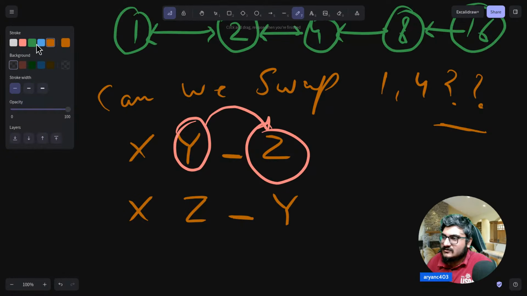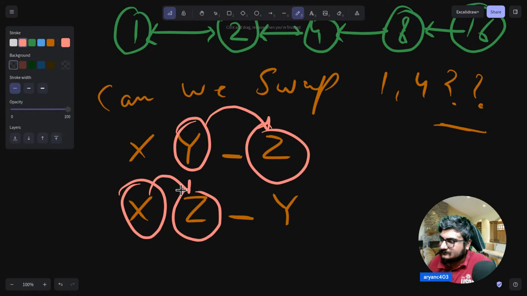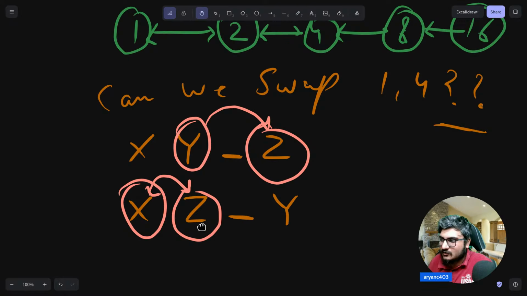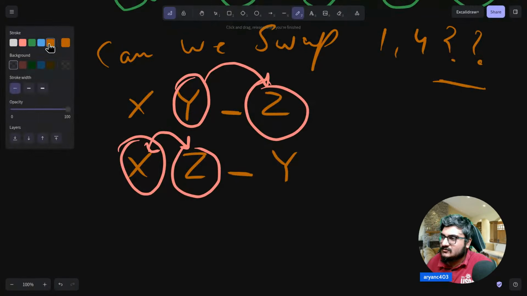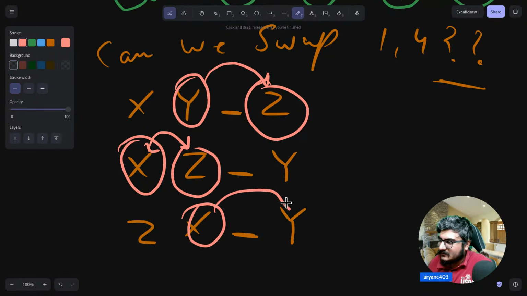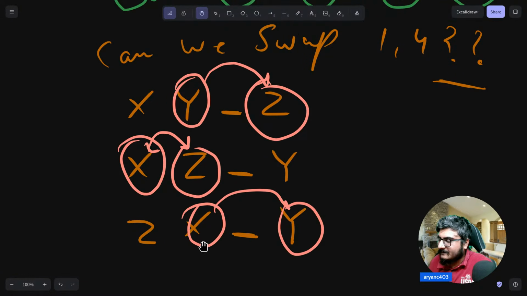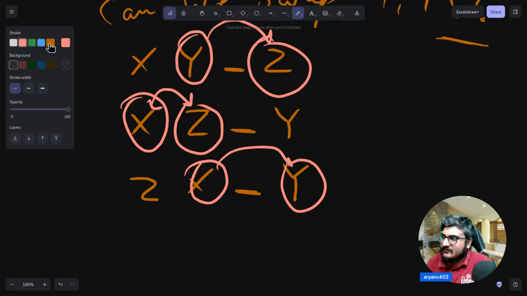Now you can swap 1 and 2 again, because swapping 1 and 2 is allowed. So you will end up with z, x, something, and y. Now you can also swap 2 and 4 again. You will end up with z, y, something, and x.